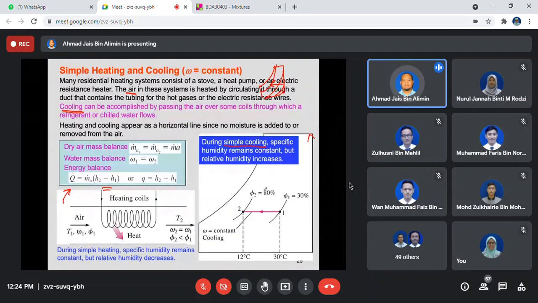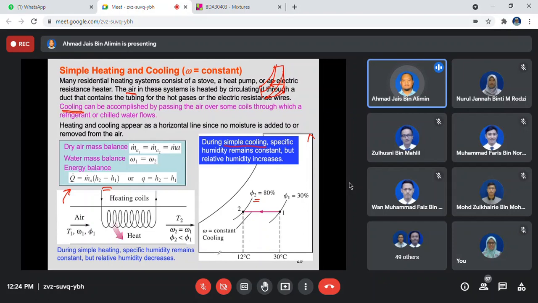So in this simple representation of the psychrometric chart, if you're asked to sketch the system on a psychrometric chart, this is how you sketch it. You move from the right to the left to represent the drop in temperature, and also to indicate the increase of the relative humidity.